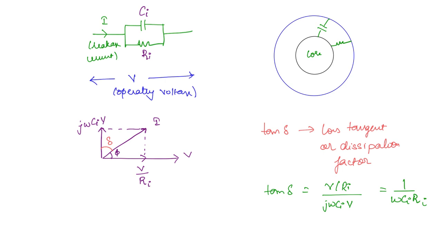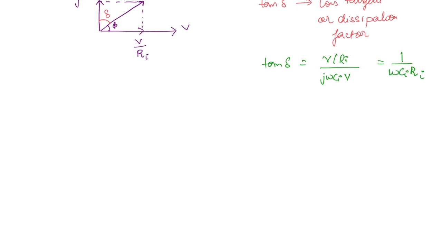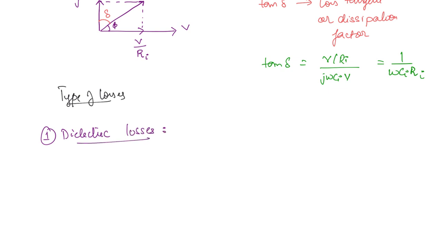There are two kinds of losses in the cable. The first one is the dielectric loss. This is due to the presence of leakage resistance, which is nothing but the insulation resistance.